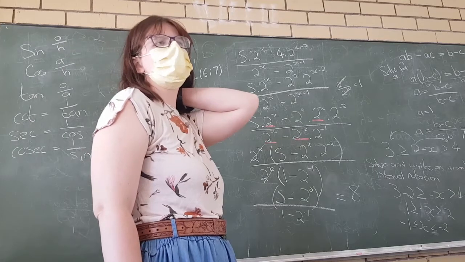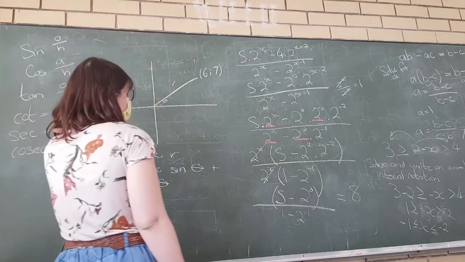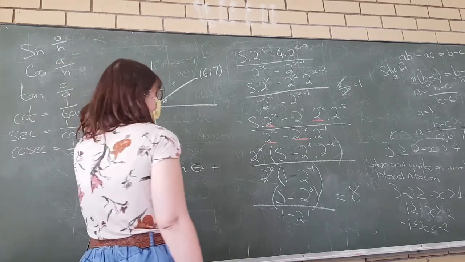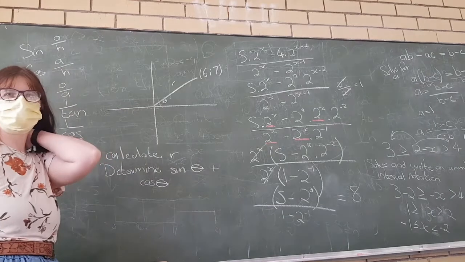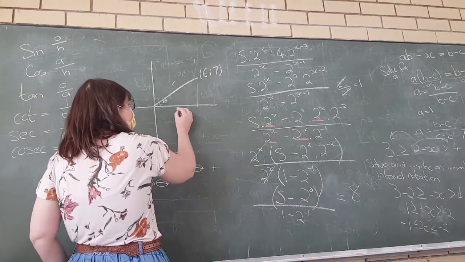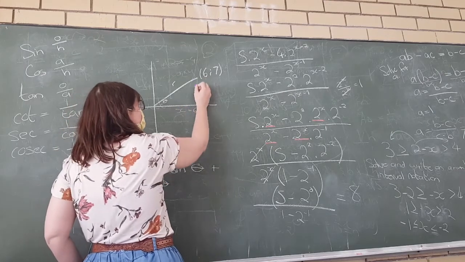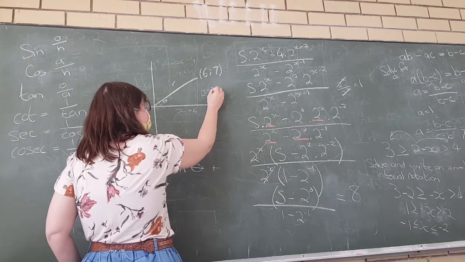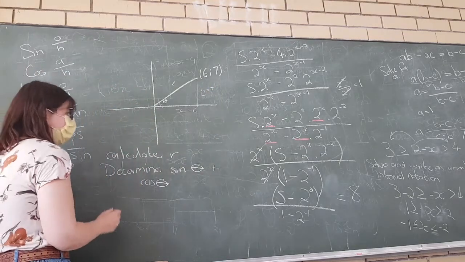So, how do we get R? We use Pythagoras. Our x value is equal to 6. Our y value, 7.